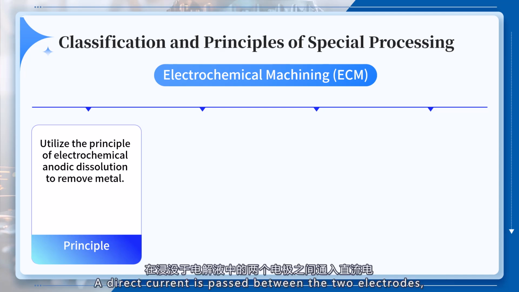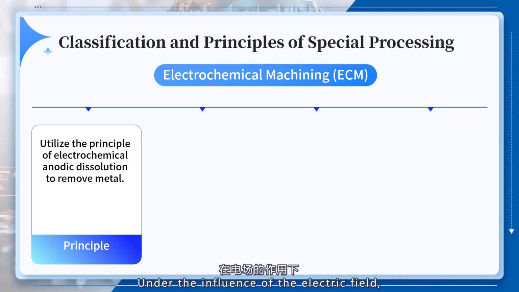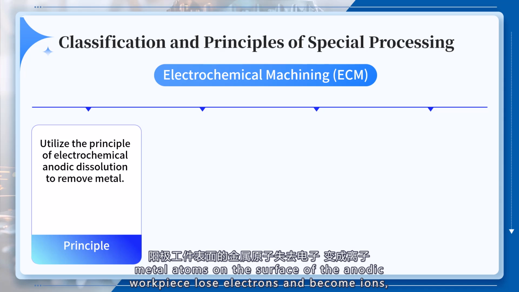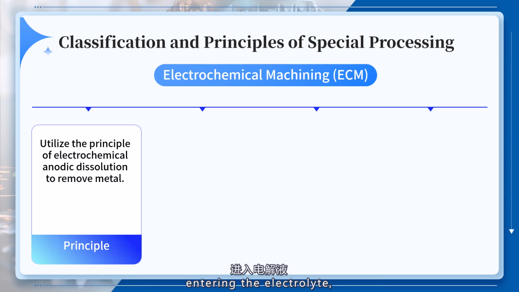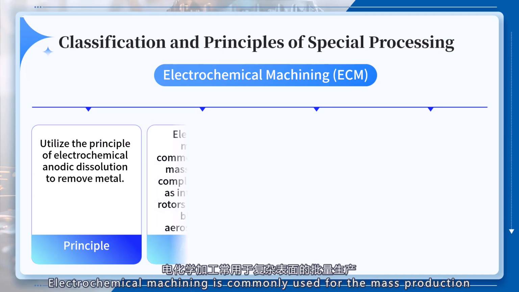A direct current is passed between the two electrodes, which are immersed in an electrolyte. Under the influence of the electric field, metal atoms on the surface of the anodic workpiece lose electrons and become ions, entering the electrolyte, thereby achieving material removal.